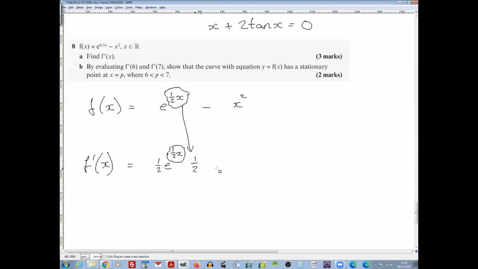Minus? Minus. Oh, and indeed, we can lose the half as well, can't we? Because, or we could lose this half, depending. Let's lose that one on this occasion. Minus 2x.